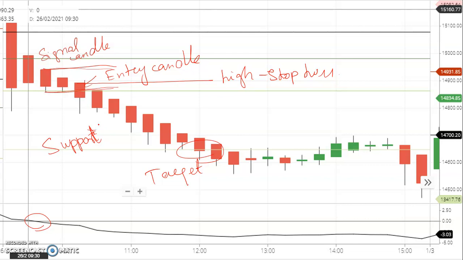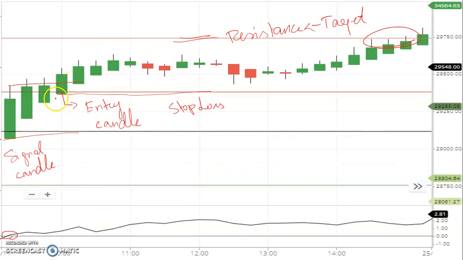One more tip which you have to follow when trading is to look for the entry candle here as well. When the entry candle is somewhere near the resistance, suppose here in this case the resistance is here. Suppose in real time you see the resistance somewhere here, then try to avoid trading in that, because you will reach the target very soon.